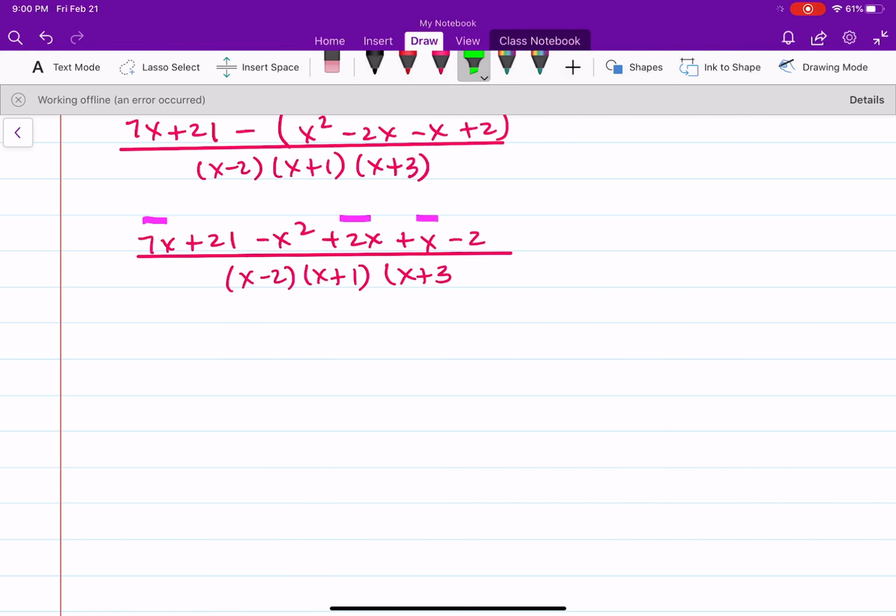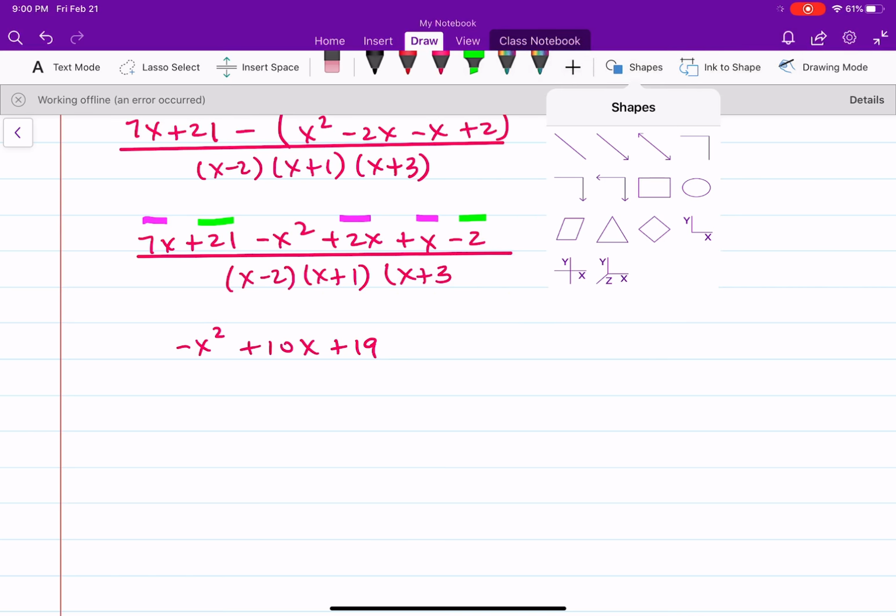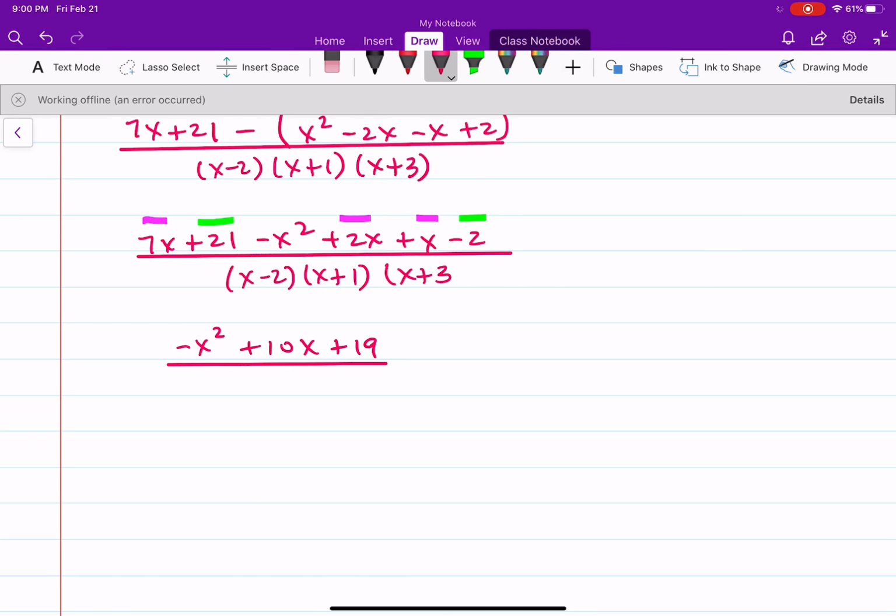And then I have a 21 and a negative 2. So that means I have a negative x squared, 7x, 9x, 10x. And then 21 minus 2 is a plus 19, all over x minus 2, x plus 1, x plus 3. So I have a trinomial on top.